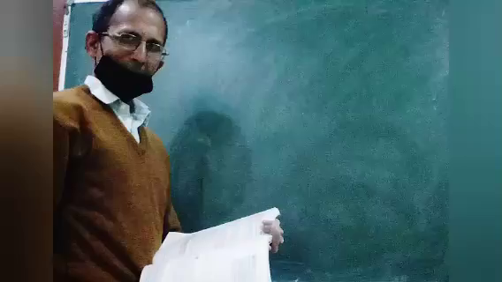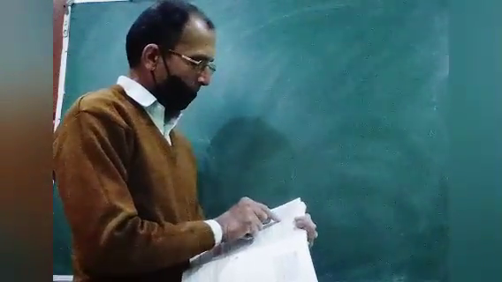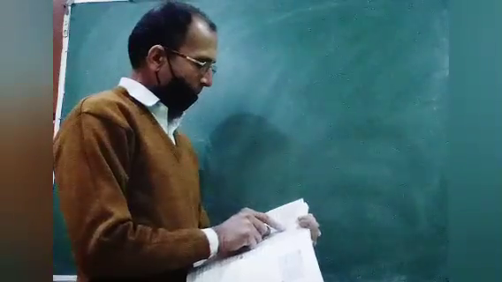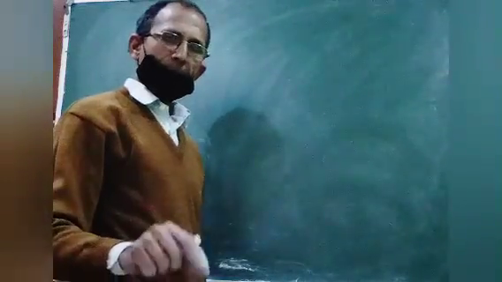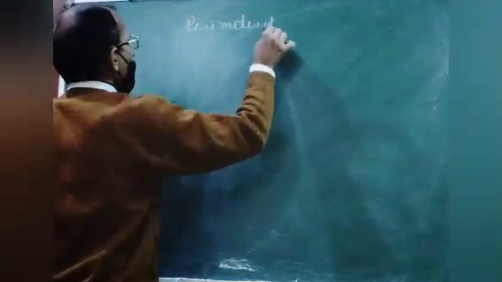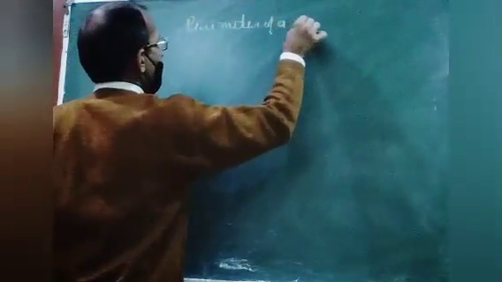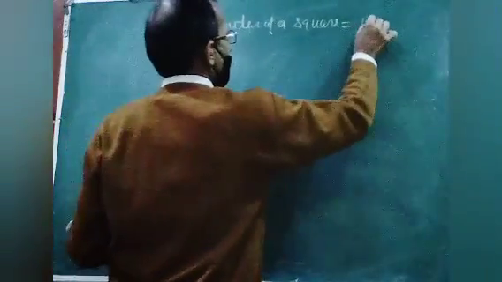Students, listen to what I am explaining. The perimeter of a square is double that of a rectangle. If the perimeter of the square is given 120 meter, it means the perimeter of the rectangle will be half, because the perimeter of a square is double. So the perimeter of a square is 120 meter.